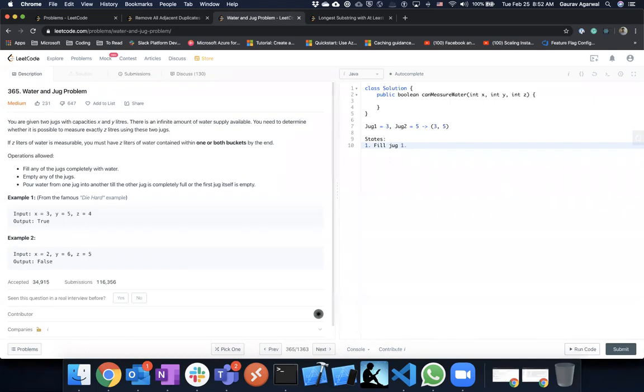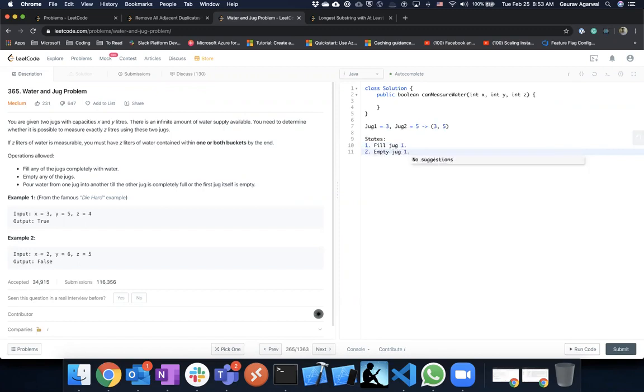Given a certain state, what are the different states which are possible in our system for this problem? Given the question, the possible operations are: we can fill jug 1, we can empty jug 1.